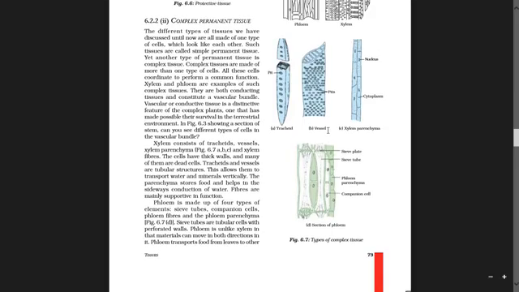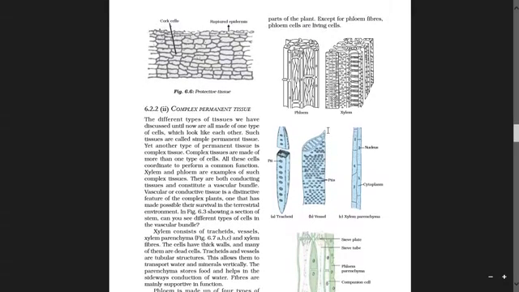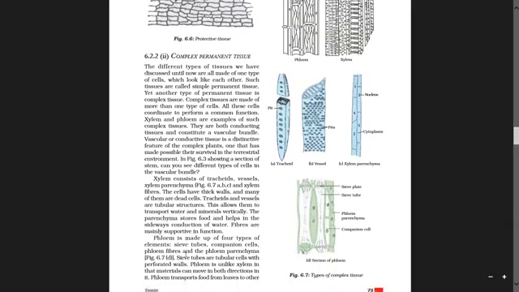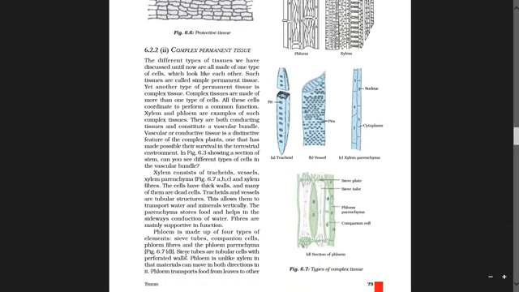If you can see in the xylem and phloem picture, small bundle-like structures are present. These are all vascular bundles. Vascular or conductive tissue is a distinctive feature of complex plants that has made possible their survival.